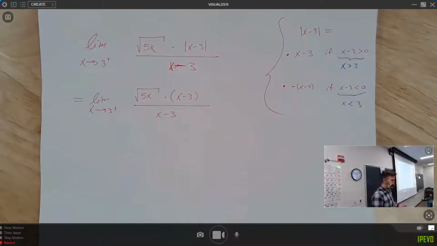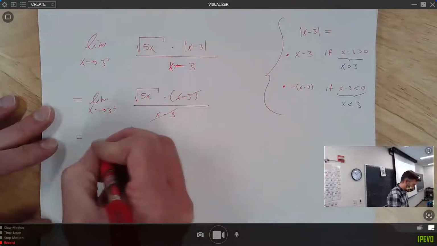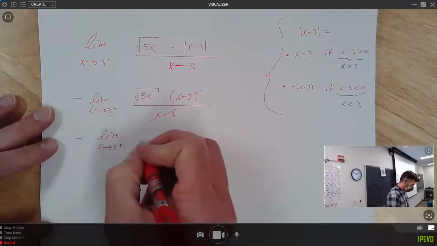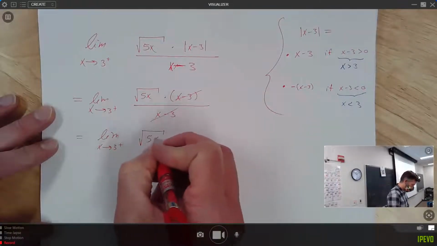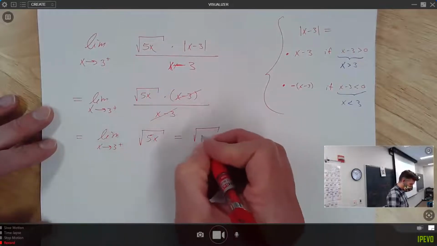And then, as is typical, we can cancel the x minus 3s. We're going to be left with the limit as x approaches 3 from the right of the square root of 5x. And then we just substitute in 3 for x and get the square root of 15.